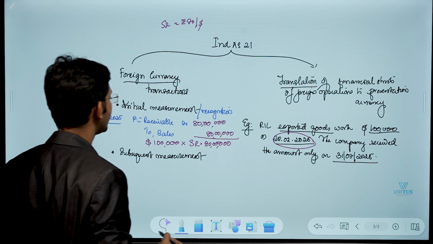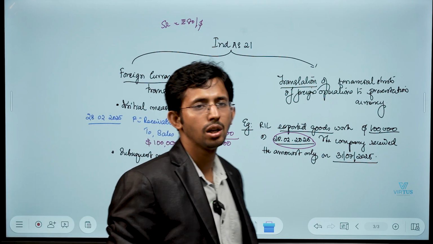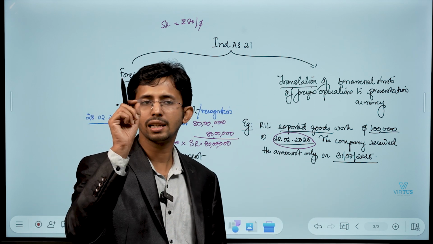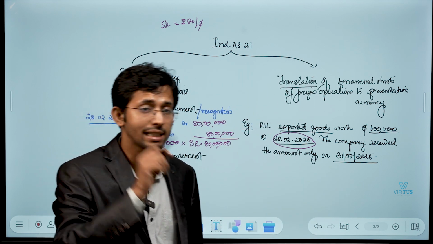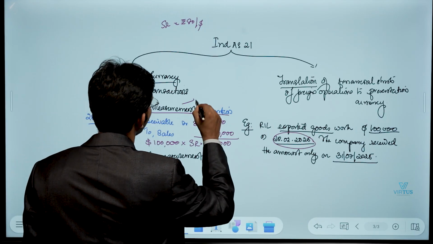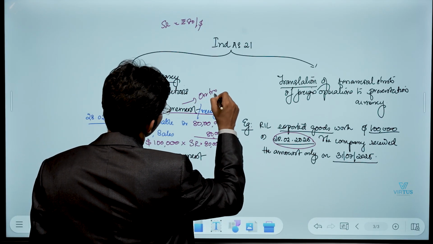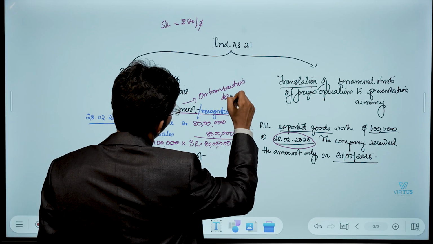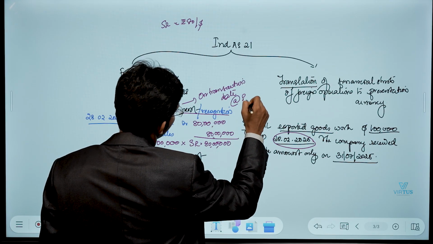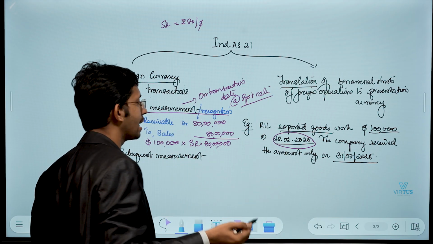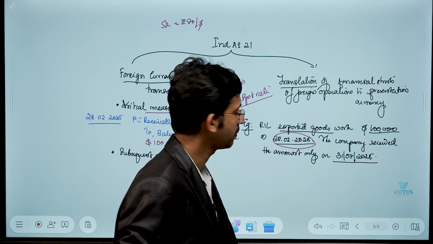So this is initial recognition or measurement. As per IND AS 21, any foreign currency transaction has to be initially recognized on the transaction date, at the spot rate. Spot rate means the exchange rate prevailing as on the date of transaction.